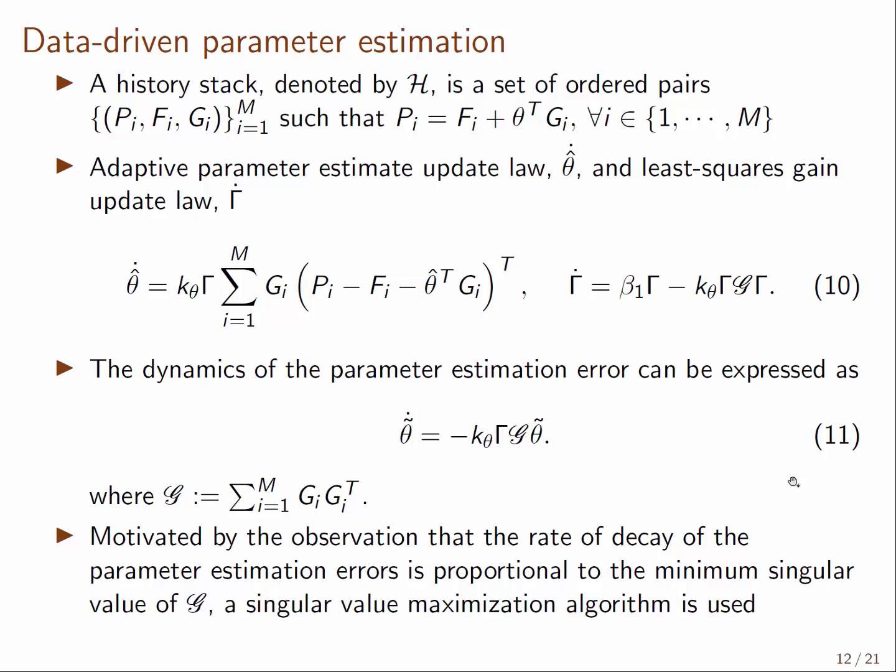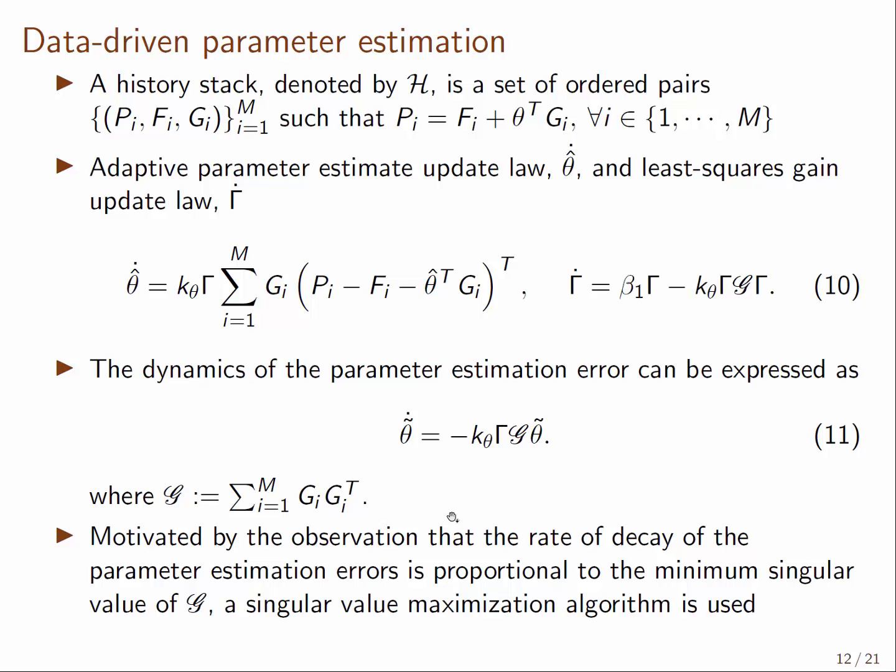Now, motivated by the fact that the rate of decay of this theta tilde depends on the minimum singular value of this matrix script G, what we do is when we get a new measurement, which is comprised of a value of P, F, and G, we add that new measurement to our data storage only if it increases the singular value of this matrix script G. If it does not, then we just discard that measurement.